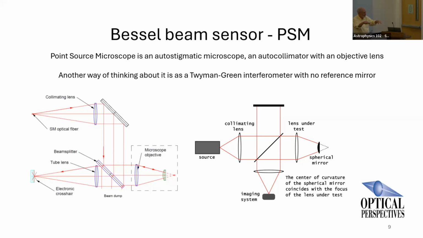If you wanted to get fringes off of this surface, you could. The only difference is the reference mirror in your Fizeau. We don't have a reference mirror here. We just use a beam dump to get rid of that light. But otherwise, it's essentially the same optical system.